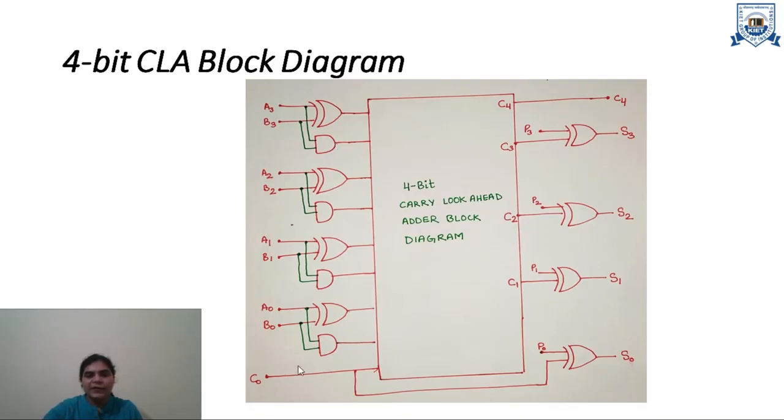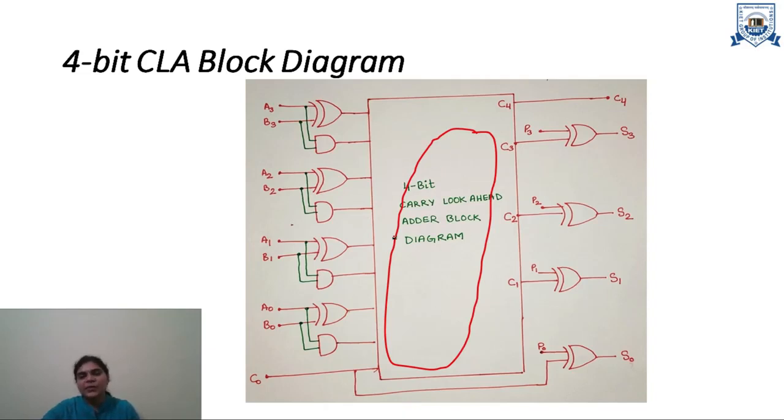At the first level, as soon as we have the inputs A and B, this circuit will calculate Pi values and Gi values. Then the carry look-ahead mechanism, based on the previous equations, will produce C1, C2, C3, C4 in parallel. And by using these carries, we can calculate the sum outputs as well.